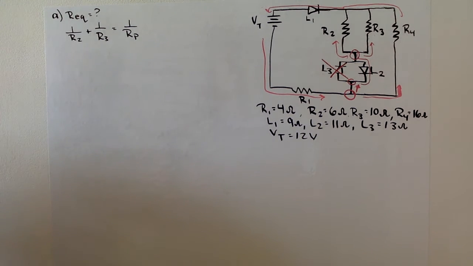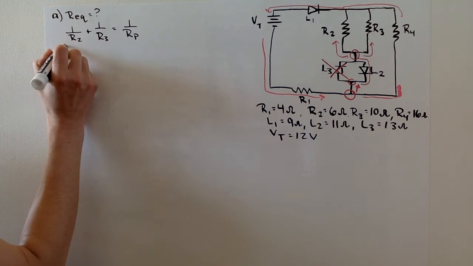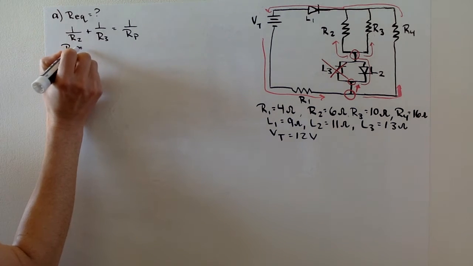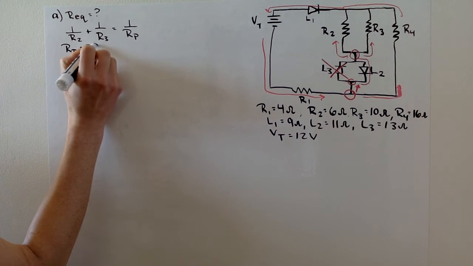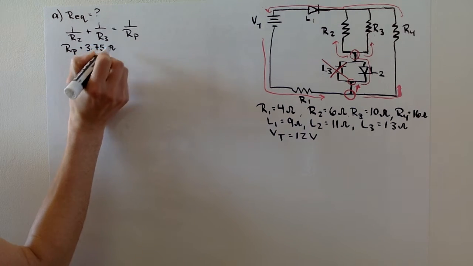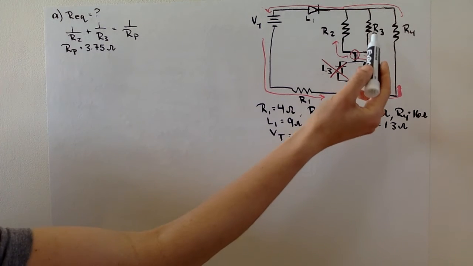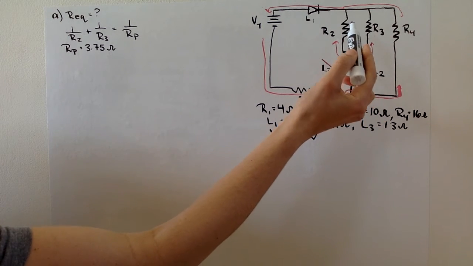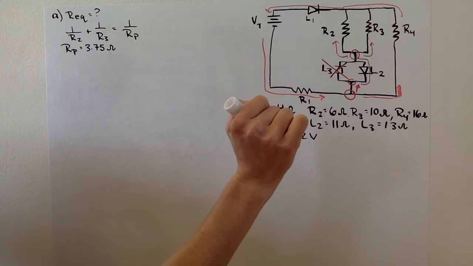I'm not going to show my work, but I'll talk you through it. I have 1 over R2, which is 6 ohms, plus 1 over R3, which is 10 ohms, and taking the inverse of that gives me RP equal to 3.75 ohms. What I've done here is take R3 and R2 and essentially turn them into one resistor.